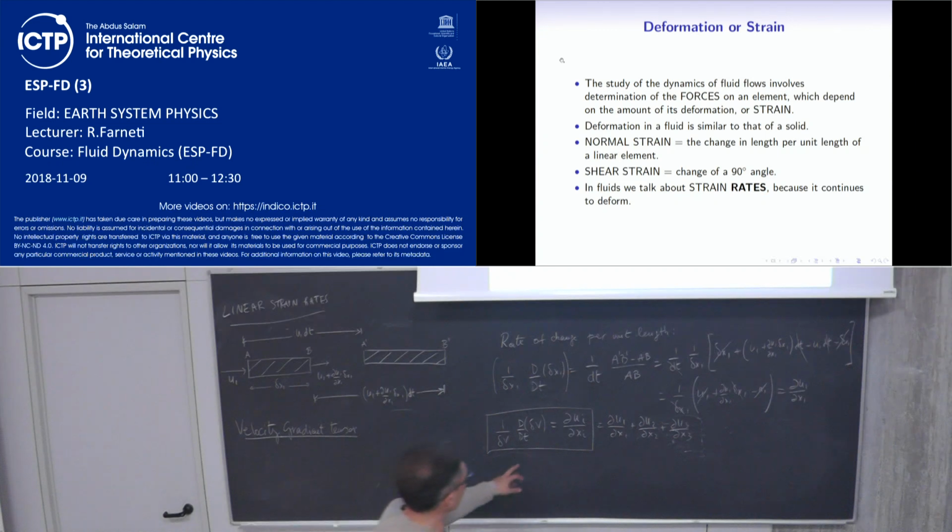So in three dimensions, the linear strain rates are given by this.